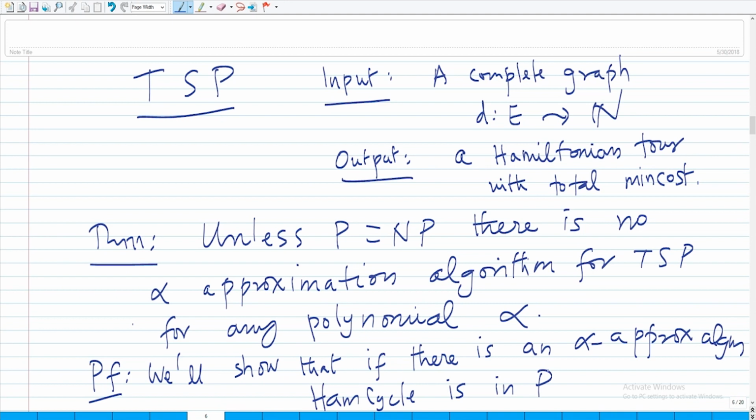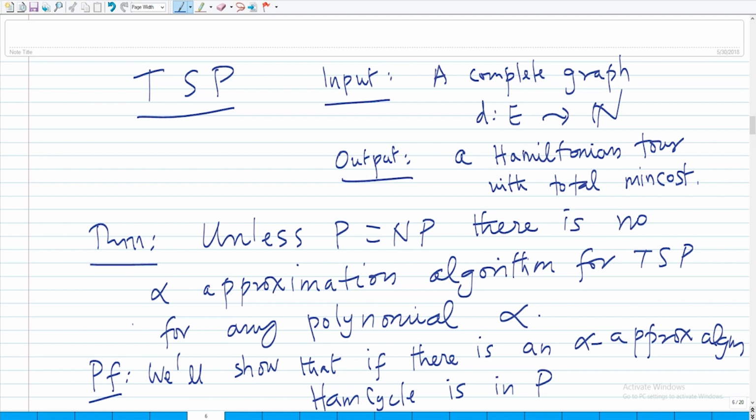So, if there is an alpha approximation algorithm for TSP, I can use that to solve the Hamiltonian cycle problem, and hence P will become equal to NP. So, this is what we are going to show. We will give a reduction from the Hamiltonian cycle problem to this problem, but with a slight twist.